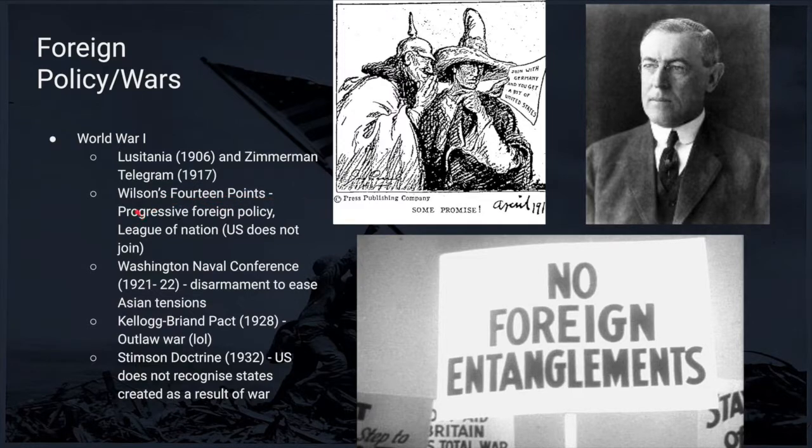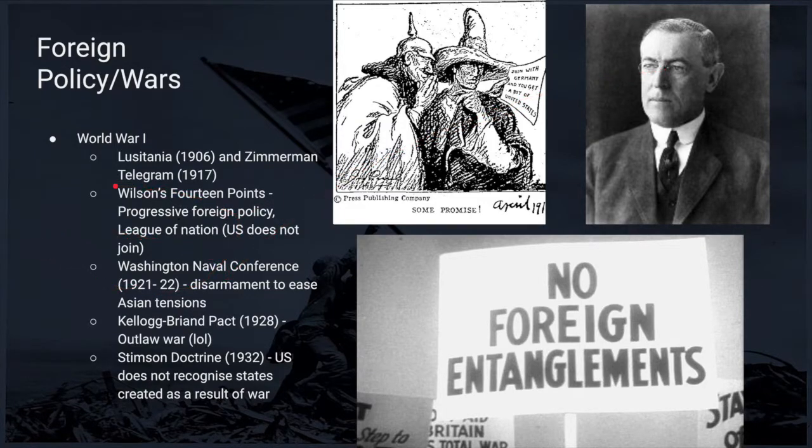And it's kind of progressivism as foreign policy. And part of his 14 points is he wants to have a League of Nations that blocks the world from having war ever again. And ironically, Congress is going to block the U.S. from joining the League of Nations, even though Wilson created it.